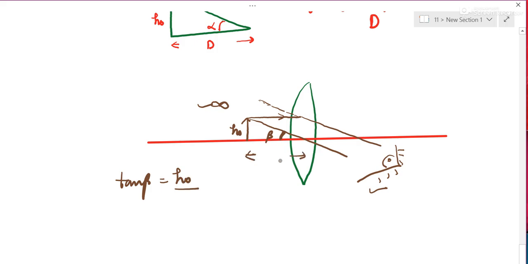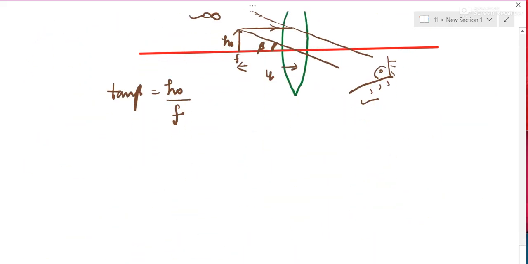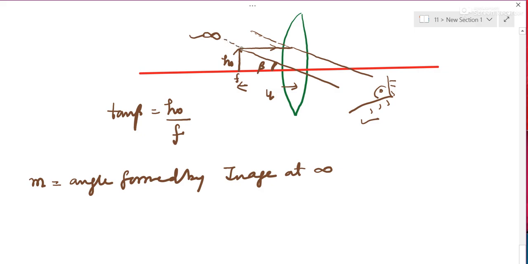The base is your U, and because the image is formed at infinity, this is F. It is the angle by the image when the image is formed at infinity according to the case. This is the human eye, this is beta, this was the object. So the perpendicular, and the base is your object's distance U.